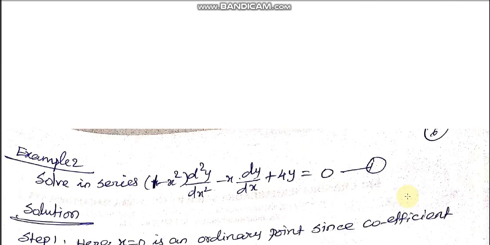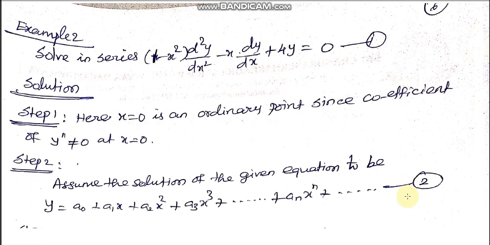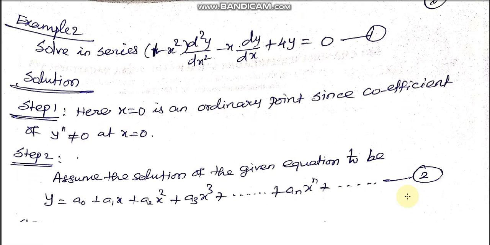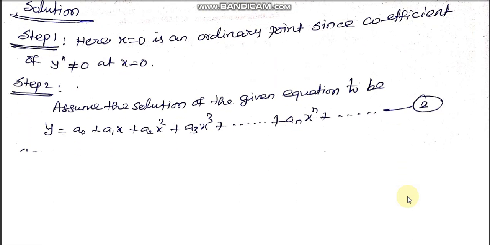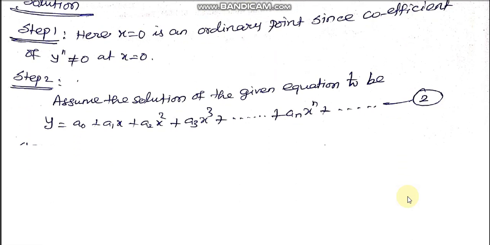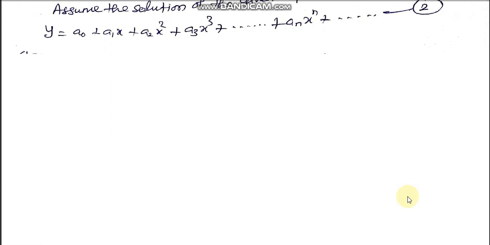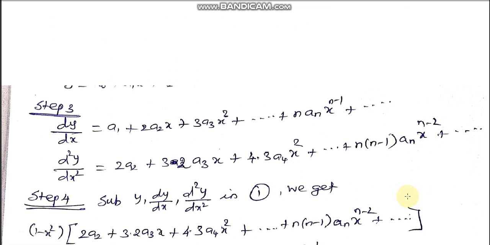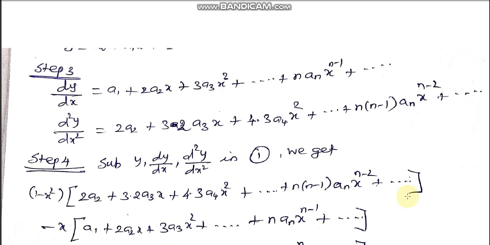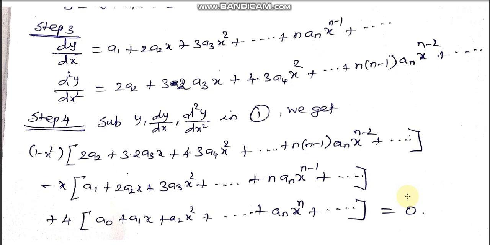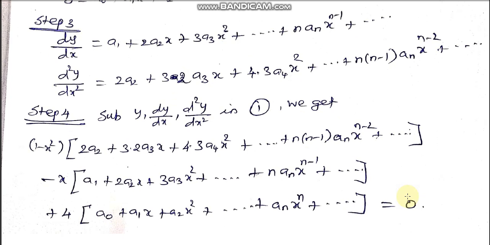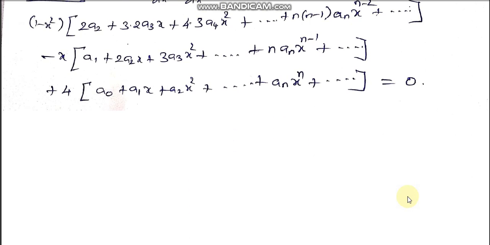The next example, similar to it, example 2. Here the given equation is equation 1. Step 1, first we check that it is an ordinary point by substituting x equal to 0. Second step, we consider the solution, this is equation 2. Third step, find dy by dx and d square y by dx square. Step 4, substitute y, dy by dx, d square y by dx square in the given equation, equation 1, and we get this equation.